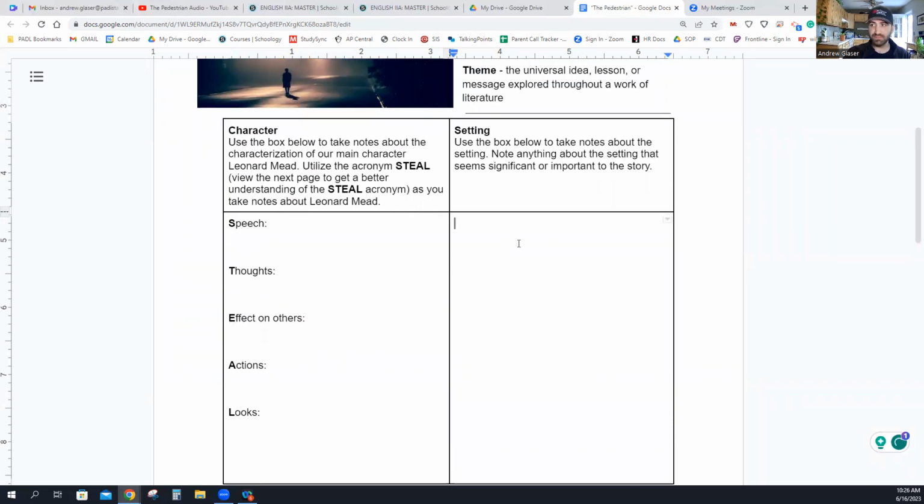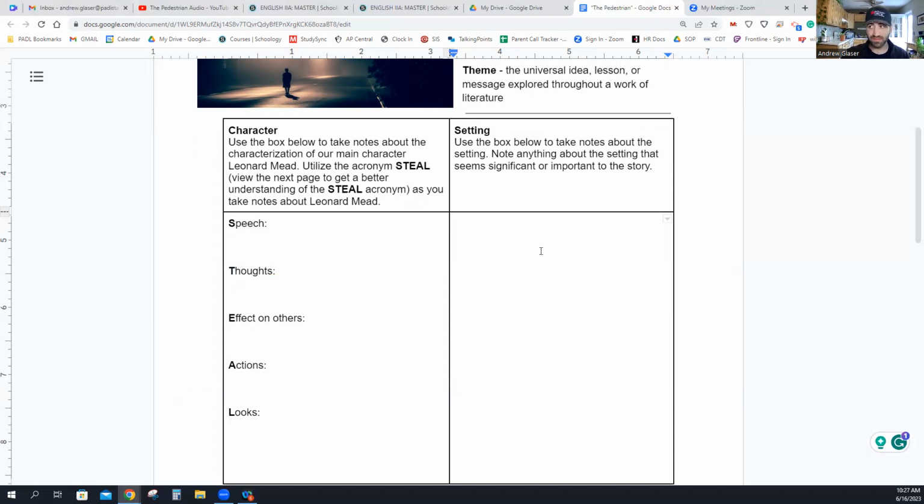All right, in the second box, you're focusing in on setting, okay? You're going to use this box to take notes about the setting of the story, the environment. You can make some guesses as to maybe what time period this is, etc. That being said, you won't have probably as many notes here, but I want you to think about anything about the setting that you found to be significant or potentially important to the story or the theme.